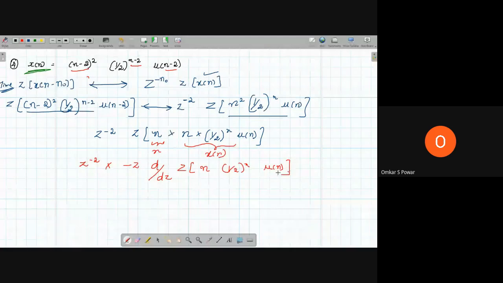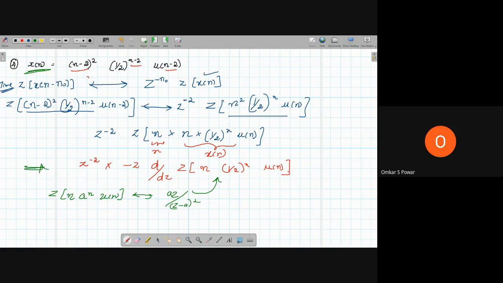So again, like previously, what is the formula? The Z transform of n a power of n u of n is nothing but a into z divided by z minus a the whole square. So using that, we can get the Z transform. Again, we have to substitute and get the answer. So how can we go about this one?